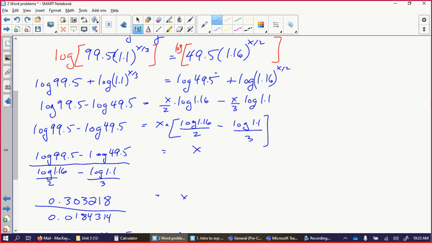So all I did was move something. That minus that goes away. Log 99 and a half minus 49 and a half, and then I did the same thing. I just switched sides.